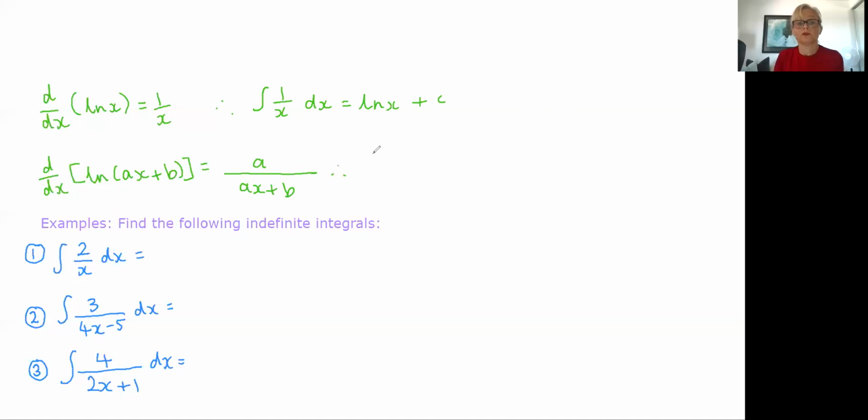So it follows that if I have 1 over ax plus b and I'm integrating, I'm going to get natural log of ax plus b plus our constant, but I'm going to have to divide by a. Sometimes you might already have the a sitting out the front, and then you don't need to divide by it here. Let's do some examples and I'll show you how this all works.